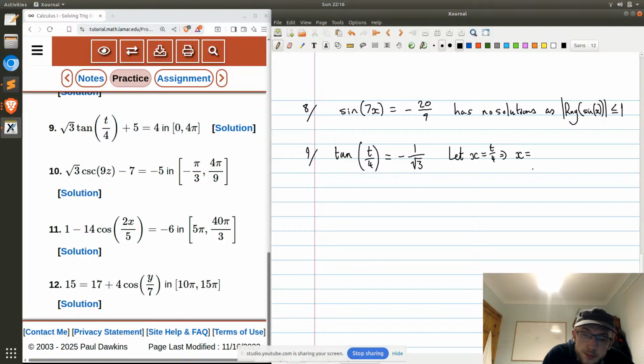So take pi over 6, which is 5 pi over 6, plus pi over and over. Is that the right thing to do? It seems so.